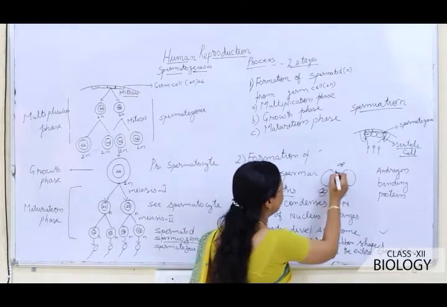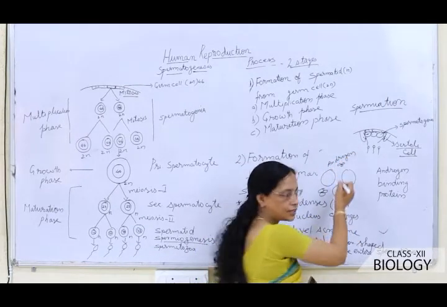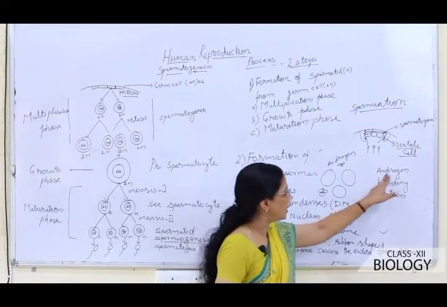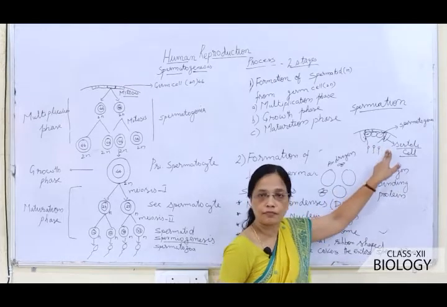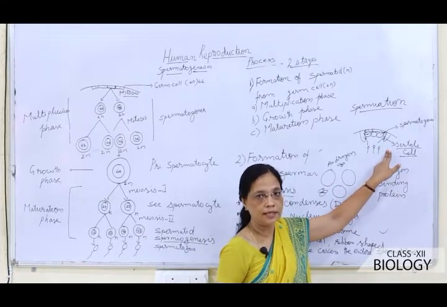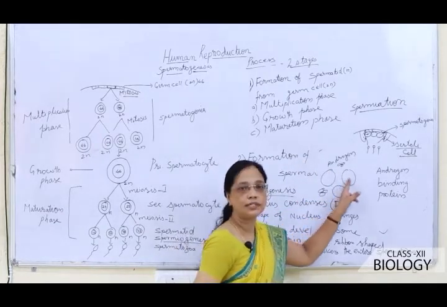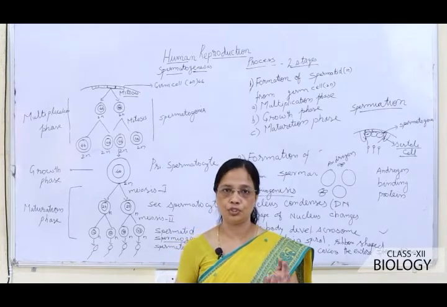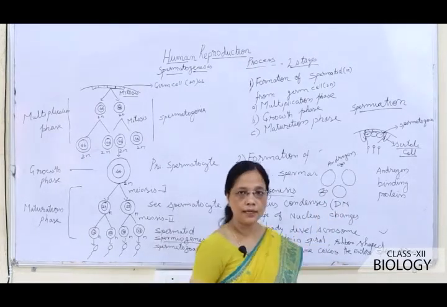So this androgen which is secreted by the interstitial cells is absorbed by the protein, that is androgen binding protein, which is secreted from the Sertoli cells. So what happened at the time? The concentration of androgen increases inside the seminiferous tubule.